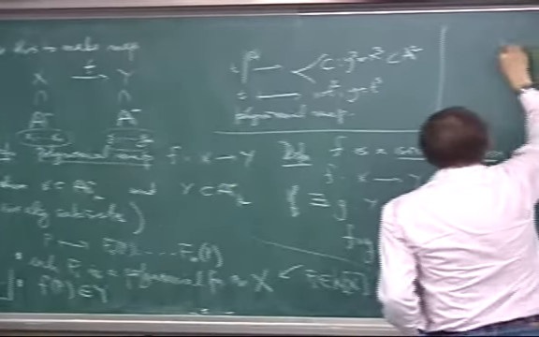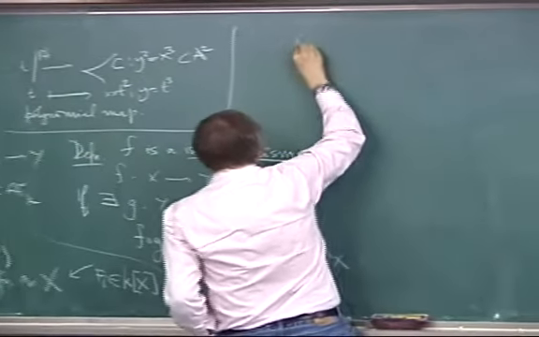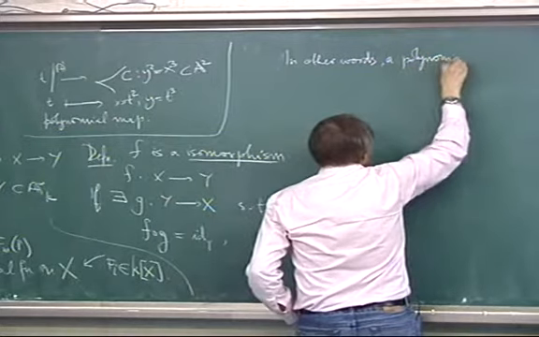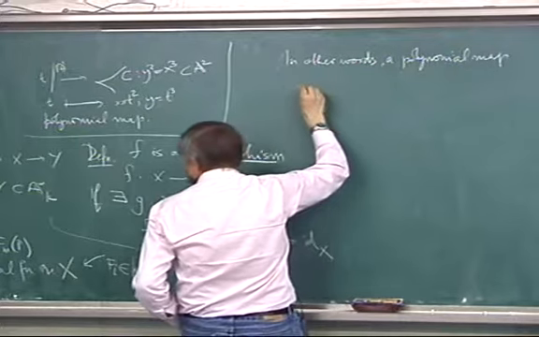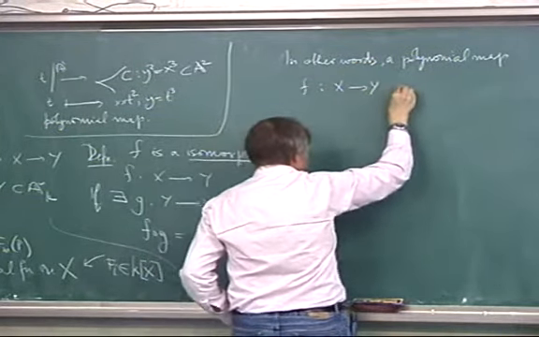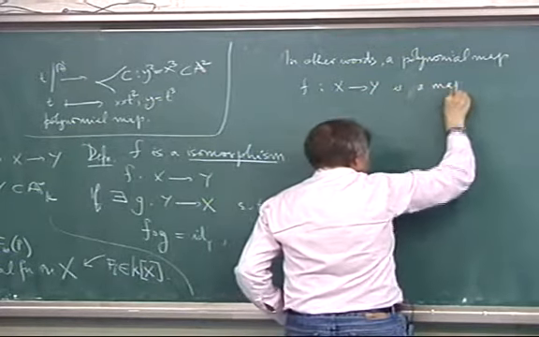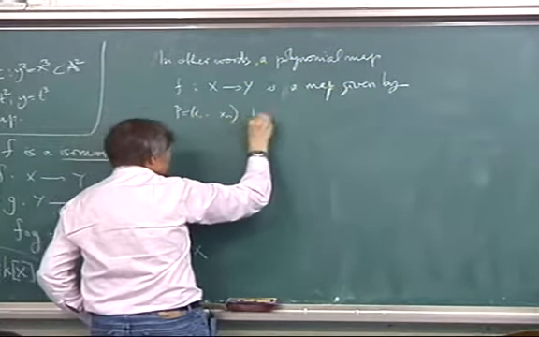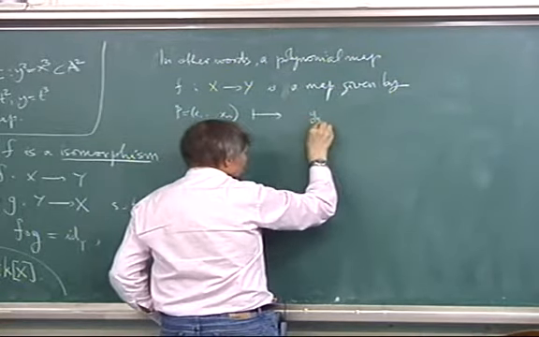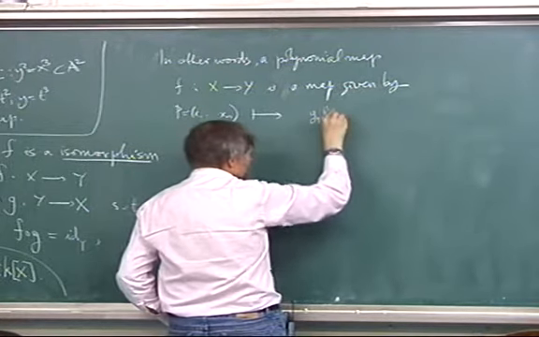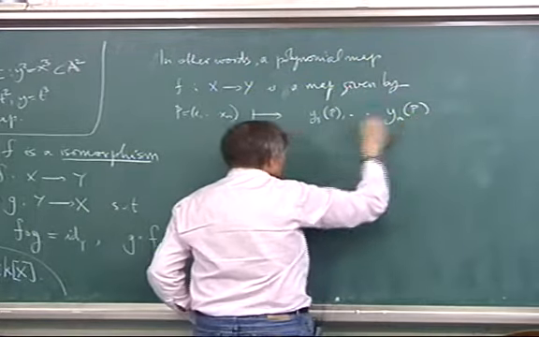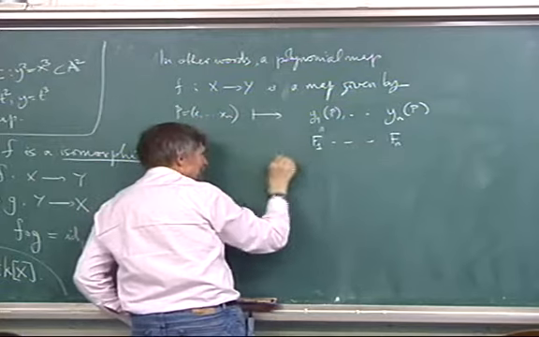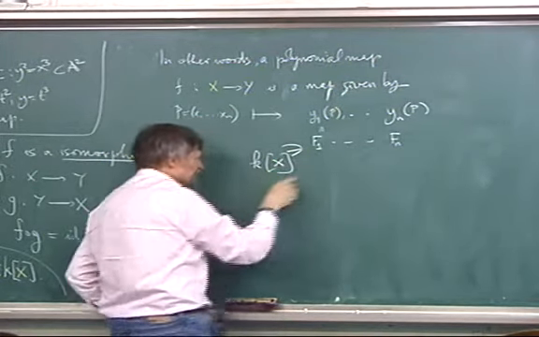So in other words, in the definition of polynomial map, a polynomial map f from X to Y is a map given by P = (x1, ..., xn) maps to (f1(P), ..., fm(P)), where the fi are certain elements in k[X]. So they're polynomial functions on X.